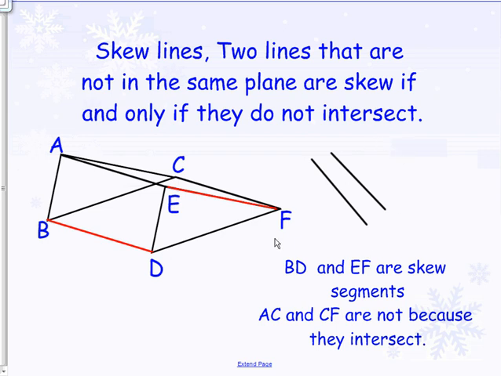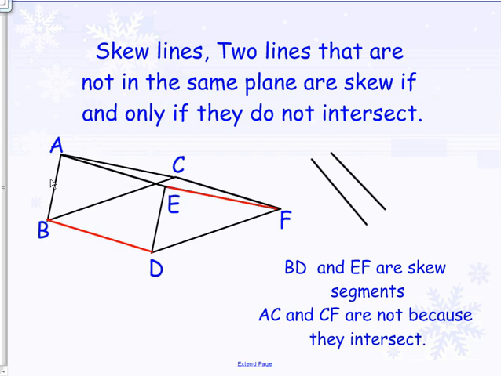Now, if you look at my example here, I have segment EF and segment BD. These two lines will never cross. This one's going to go on and on forever this way, and this one's going to go on and on forever that way. But because they're on two different planes, they will never even come close to each other.